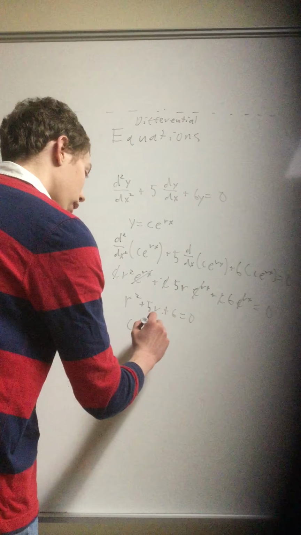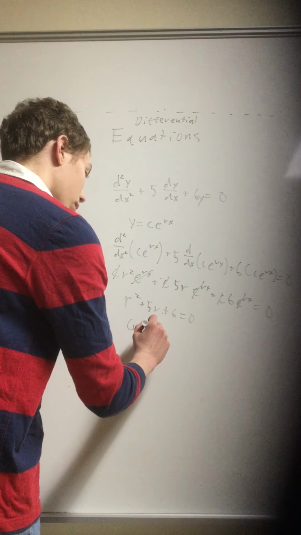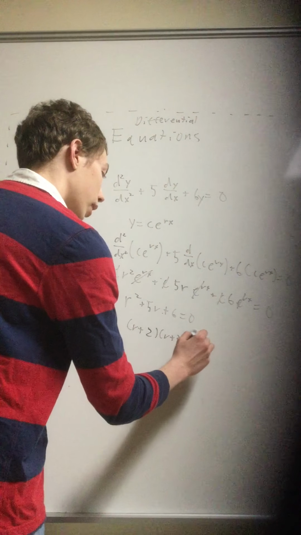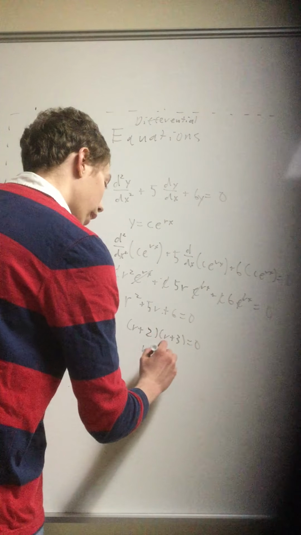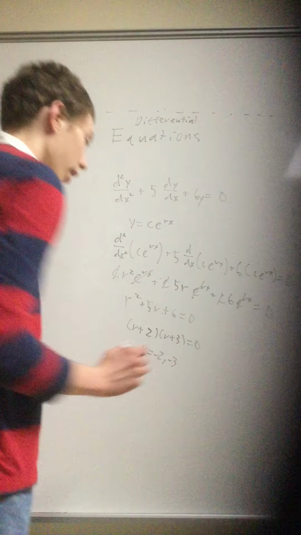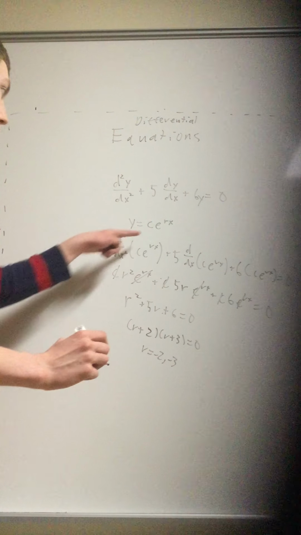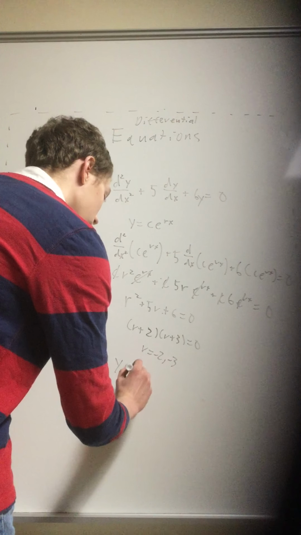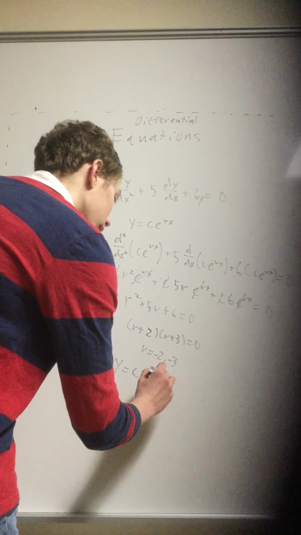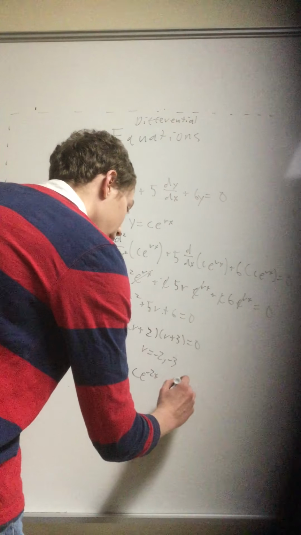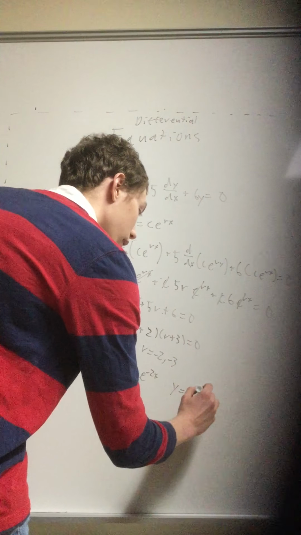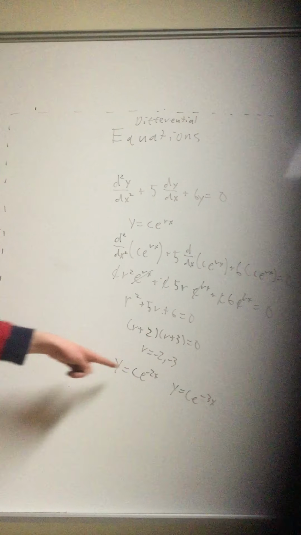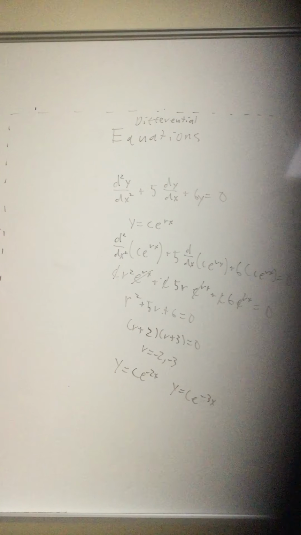It's r plus 2 times r plus 3 equals 0. So r equals -2 and -3. So our solutions would be y equals c e to the -2x and y equals c e to the -3x. So it turns out we got two solutions, and that's actually okay.